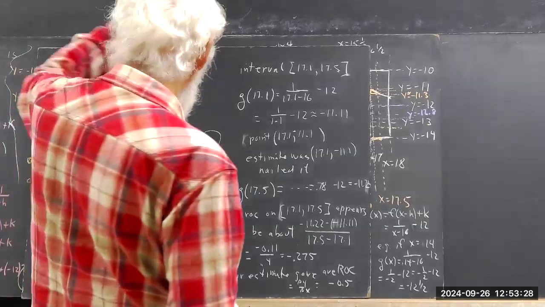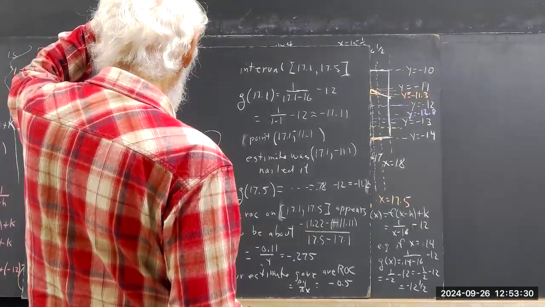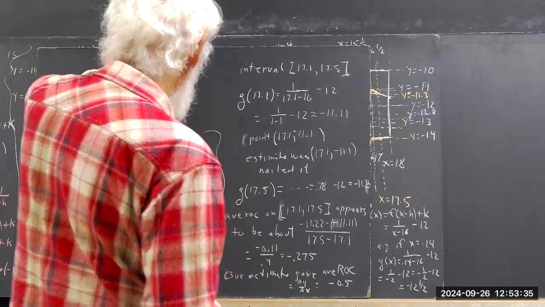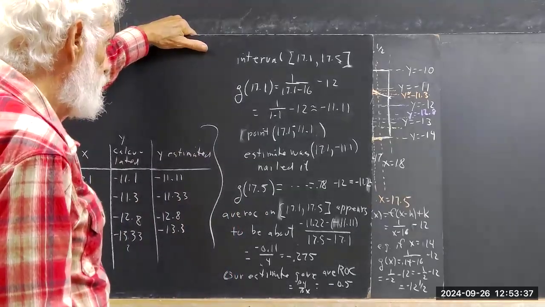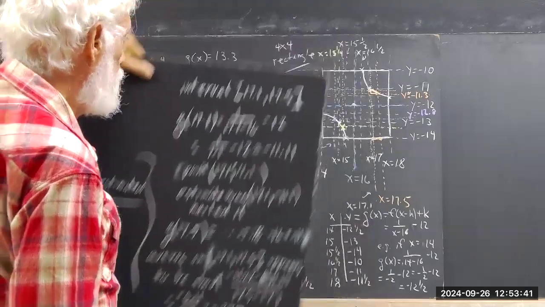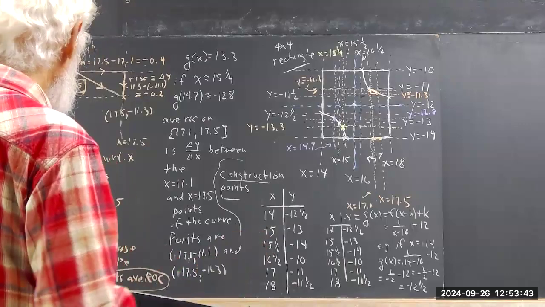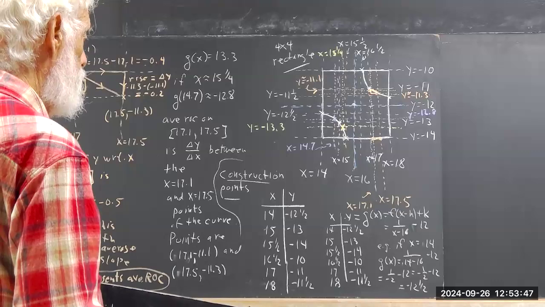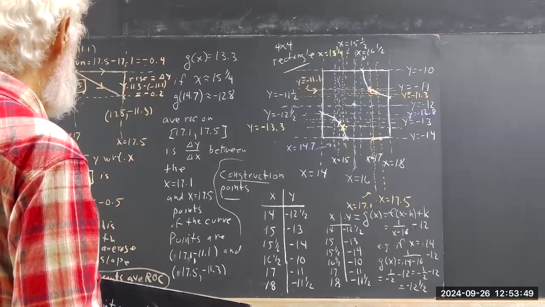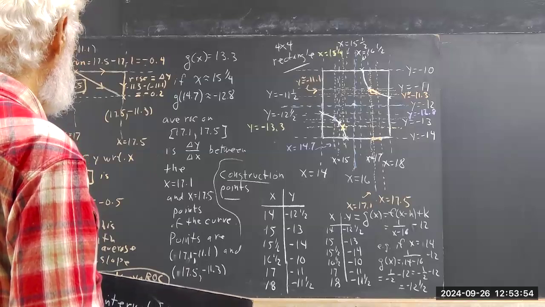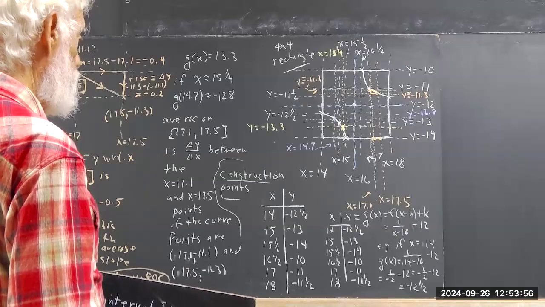Now the one that didn't come out exactly, I think I may be missing it. Our calculated y for x equals 17.5 was, or we calculated, although I can easily not do it again.